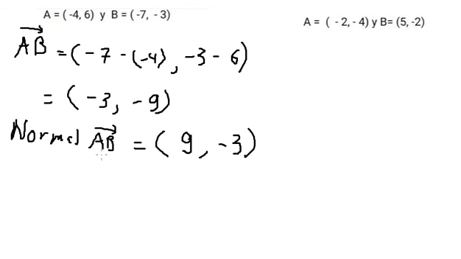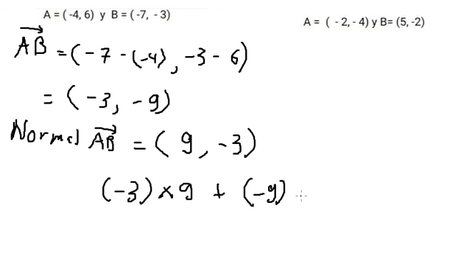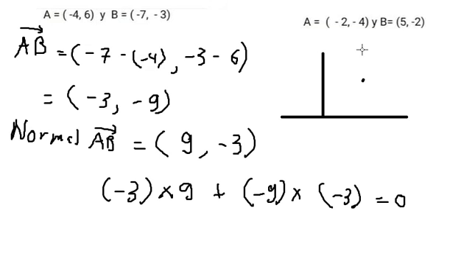Because the normal vector multiplied with vector AB should equal 0. For example, negative 3 multiplied by 9 plus negative 9 multiplied by negative 3 equals 0, because the normal vector is perpendicular.